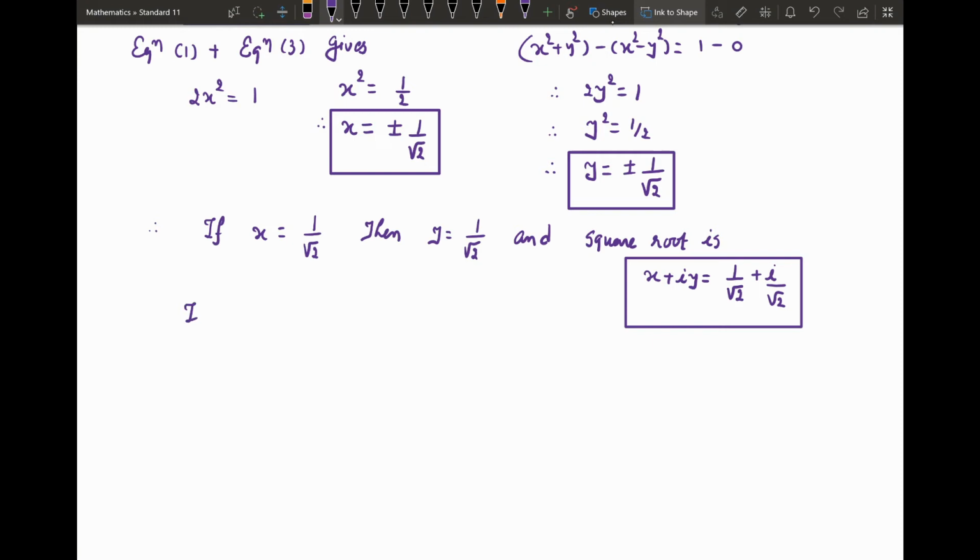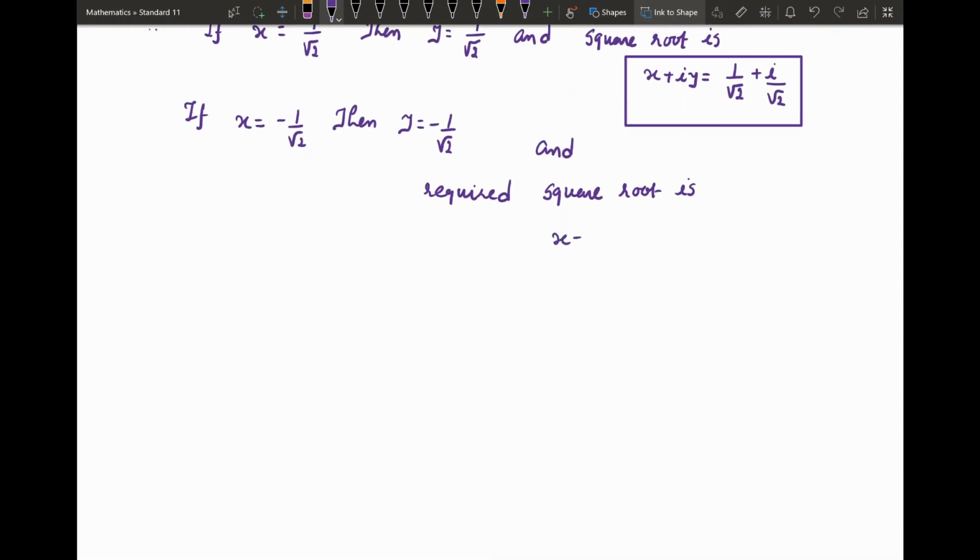And if x is negative, then y is also negative, so that negative negative is positive, and the required square root is x plus iy equal to minus 1 upon root 2 minus i upon root 2. So these are the possible two square roots.